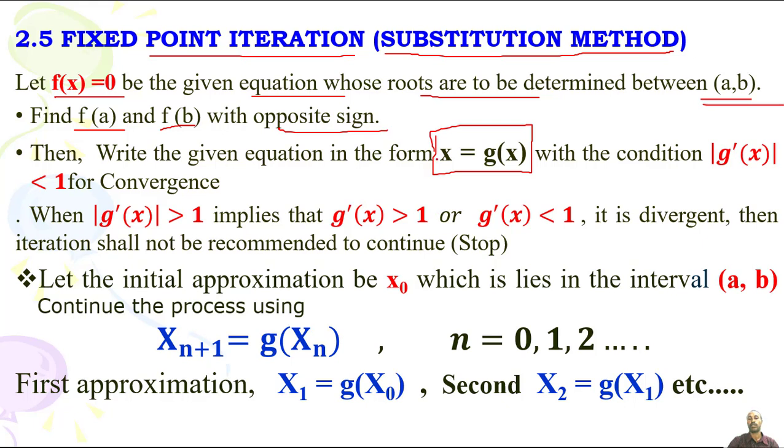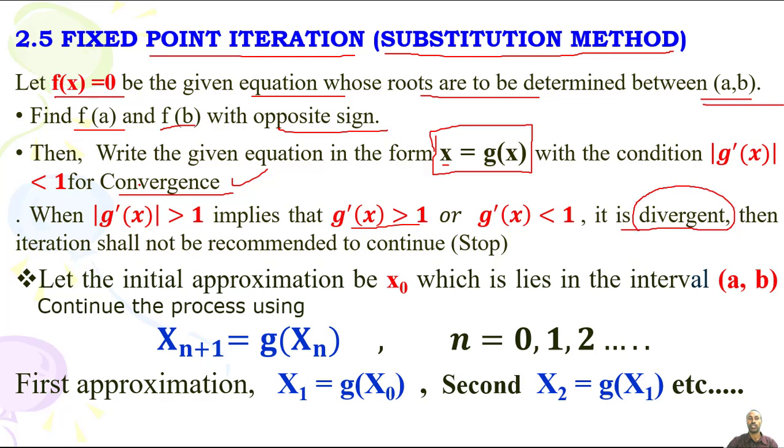If you have some equation, try to put x on the left side and the other expression as another function g, rearranging it. The condition for convergence is that the absolute value of g derivative of x is less than 1. Otherwise, when the absolute value of g derivative of x is greater than 1, it is divergent, with no solution.